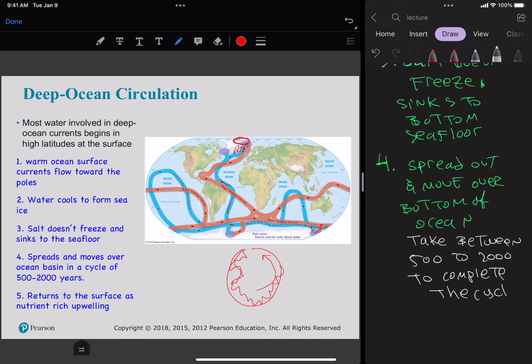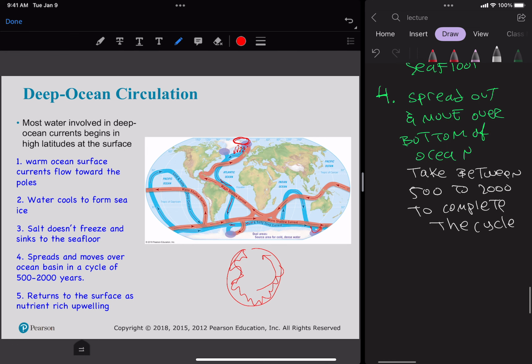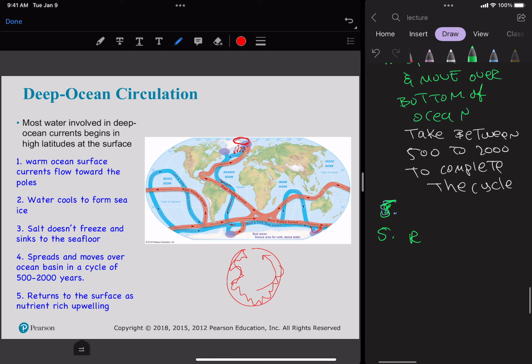But eventually it'll wind its way back up to the surface as upwelling.